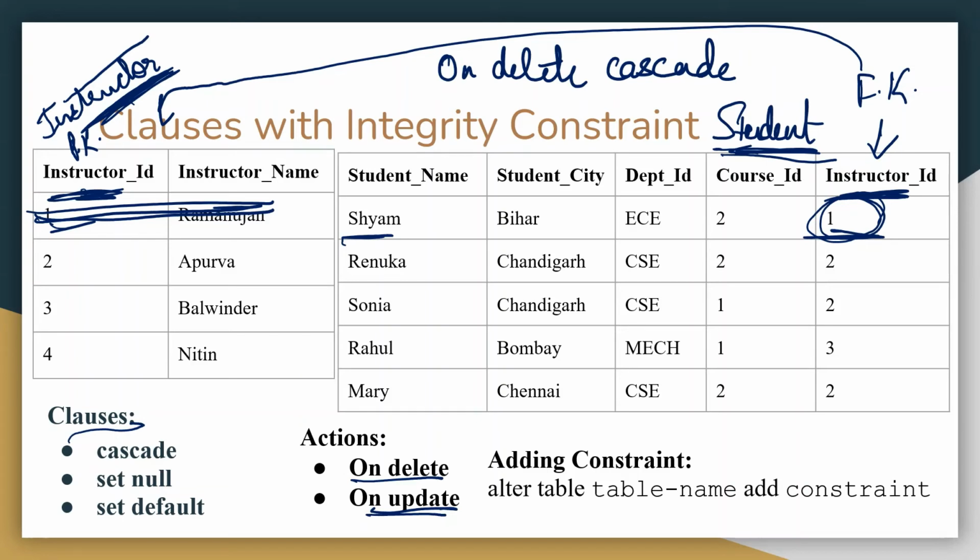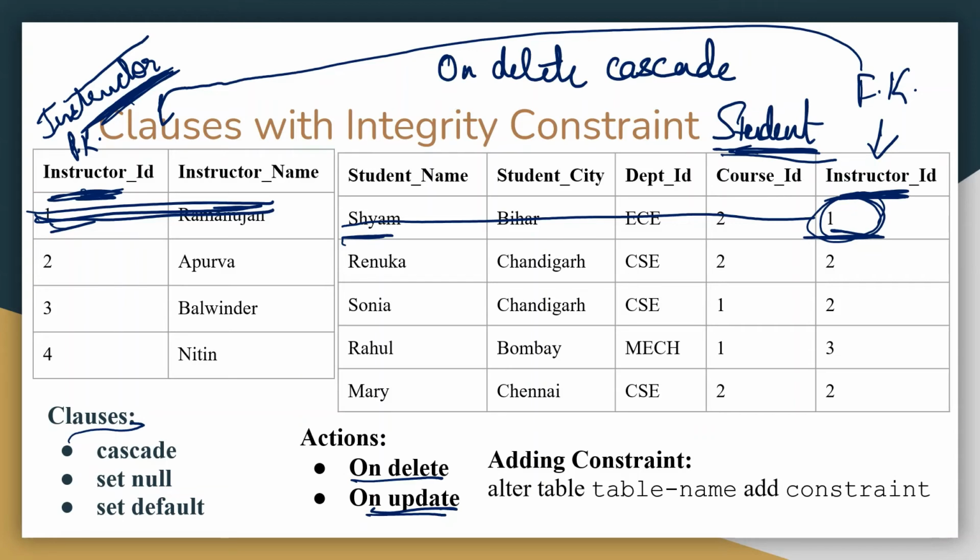But in that case, we may lose some additional information, right? Because if I delete this record, I am also removing the information of student Sham. So data loss is occurring because I won't have the information about Sham, what the student city was, what the department ID was, what the course ID was. So essentially that information is also getting lost.